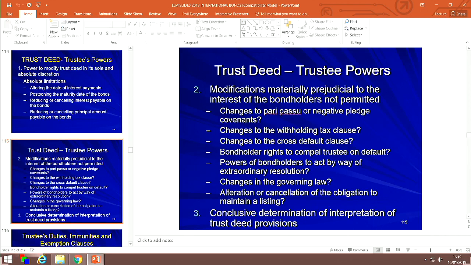All of those things would be cases where most law firms would advise that these would be materially prejudicial to the interests of bondholders, and a trustee should not engage in changing any of these things under the power to modify the trust deed. But that's simply legal opinion. It's not there in the trust deed.